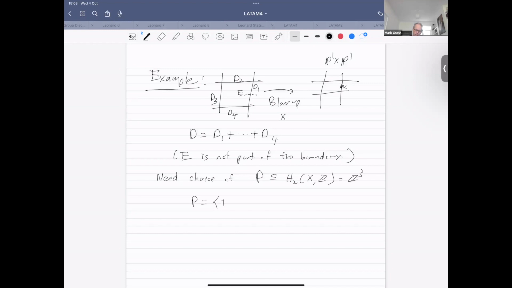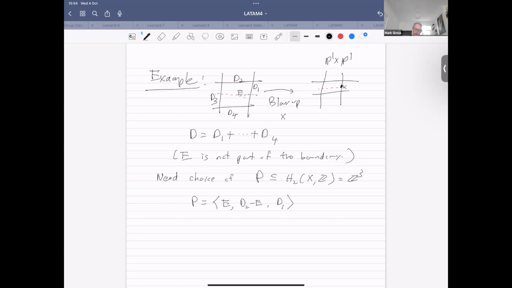So I take the class E, I take the class D2 minus E. So D2 minus E is this curve here. That's the strict transform of the red dotted curve, the straight line that passes through X; we pull it back and remove E. And then I also take D3 minus E, which is, well, let me just take D1, same thing.